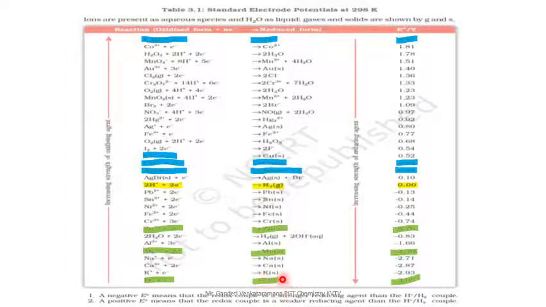So lithium is a strong reducing agent. Clear? Potassium is a strong reducing agent, calcium is a strong reducing agent, sodium is a strong reducing agent. So if asked which of the following is a strong reducing agent, you can get your answer from the right-hand side.